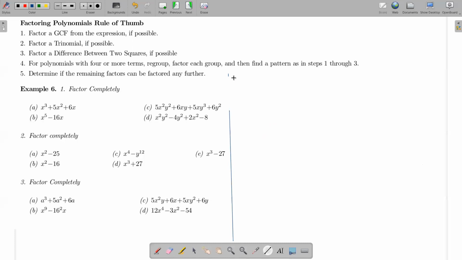Next I'll do D. Here I check whether there are any common factors.